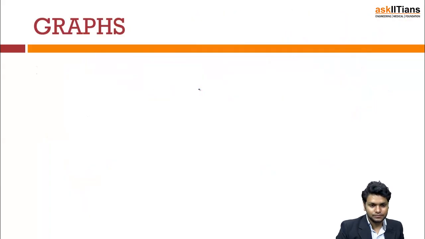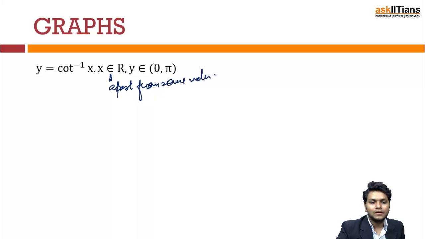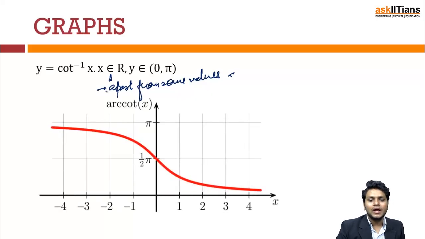Next is y equals cot inverse x, where x belongs to the reals apart from some excluded values, and the range is from 0 to pi. We'll use the same principle in this case also.